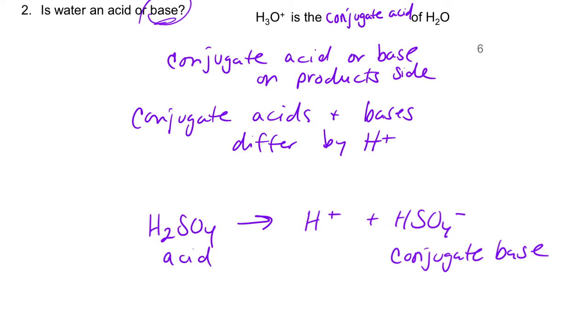But one of the interesting things about H2SO4 is that it has two protons that it can donate as an acid. So HSO4 minus can further react. It can form H plus in solution and SO4 2 minus. In this case, HSO4 minus is acting as an acid, and the conjugate base of this acid is SO4 2 minus.